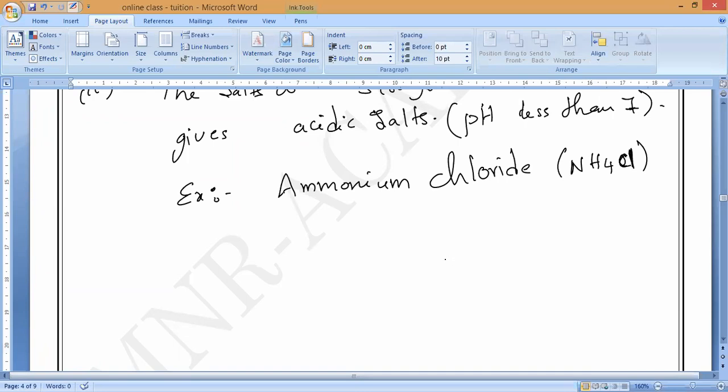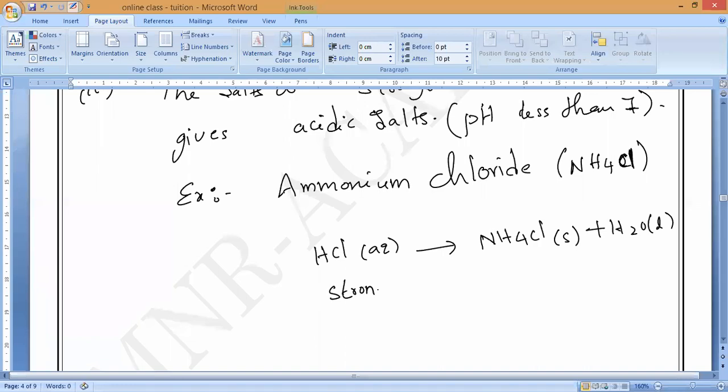Ammonium chloride is the salt of a strong acid, HCl, and a weak base. NH4Cl in solid state plus water in liquid state. Now I want the reactants. The strong acid is HCl, in aqueous state.